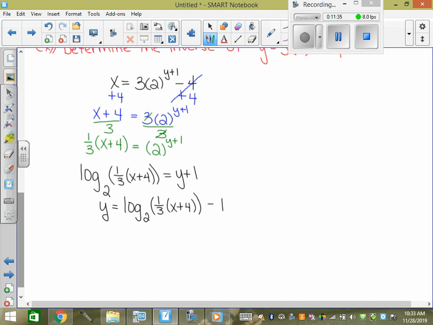Now I can see any transformation. The base of 2 is like the base of the exponential. The base just stays the same, right? So that doesn't give you a transformation. What's in front is my vertical stretch or reflection, so I don't have one. What's back here is my vertical translation. What's in the bracket is my horizontal stretch, reflection, and translation. So this 2 down here in the base doesn't affect it.